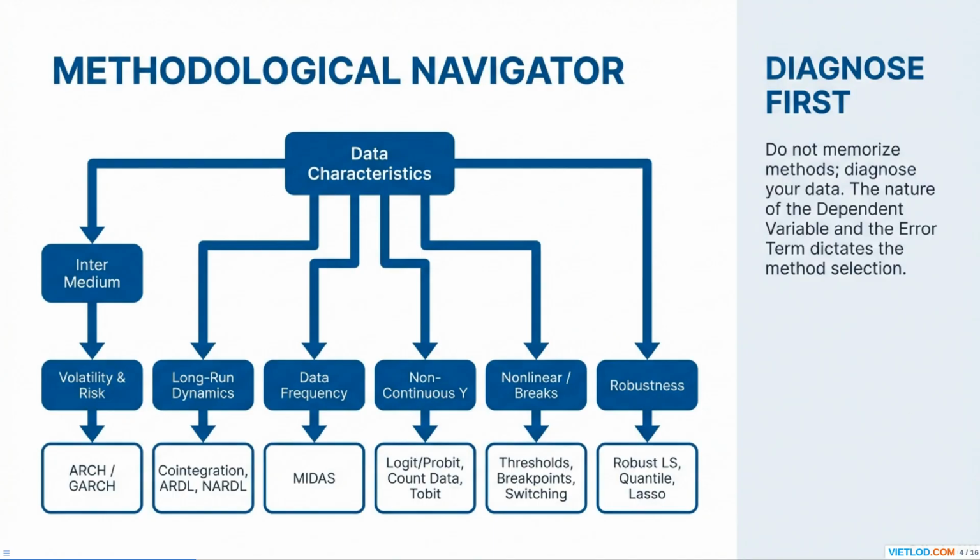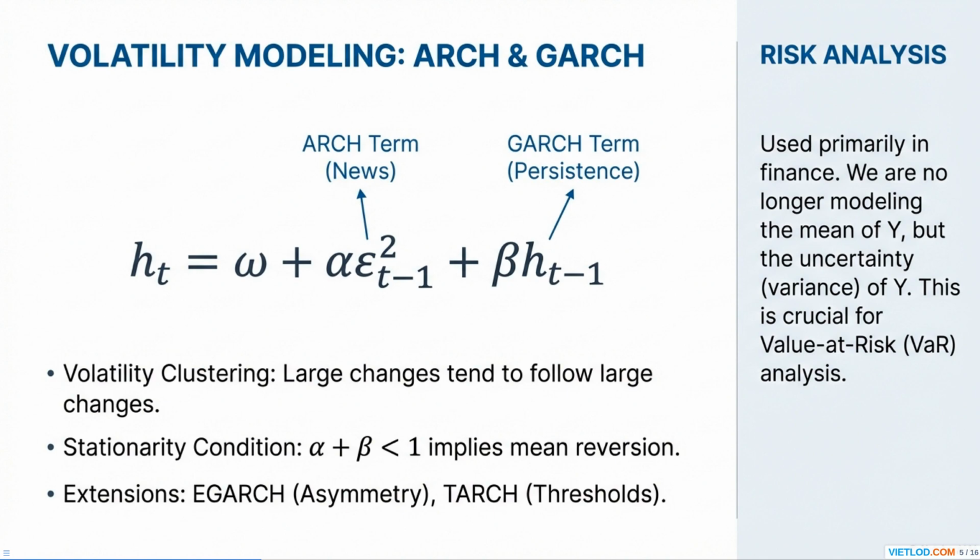Should your dependent variable be non-continuous, such as a binary choice or count data, Logit, Probit, or Tobit models are the correct approach. For situations involving nonlinearities or structural breaks, consider threshold or breakpoint models. Finally, to ensure robustness against outliers, methods like robust least squares or quantile regression are valuable. This systematic approach ensures your analysis is both accurate and meaningful.